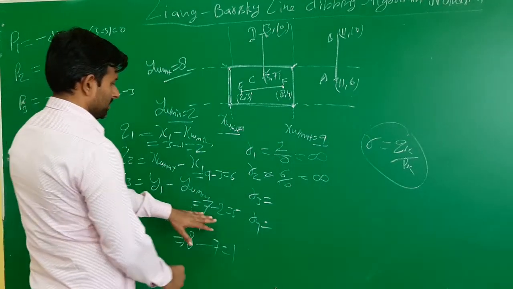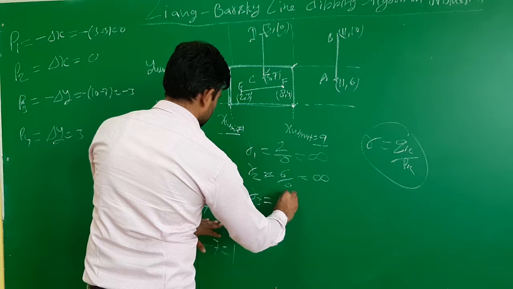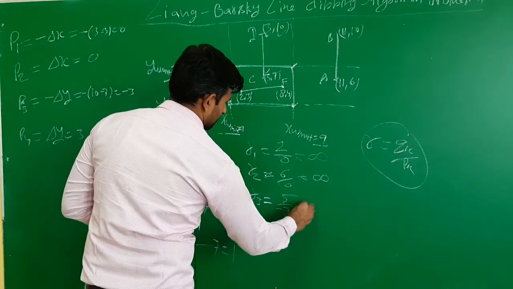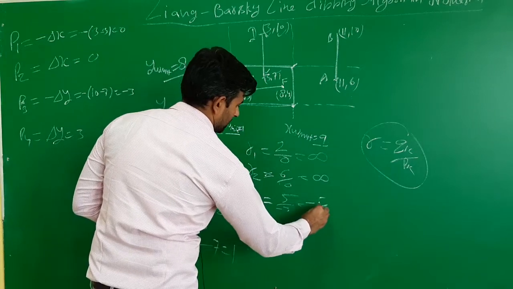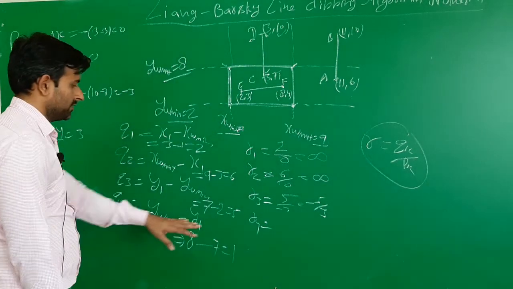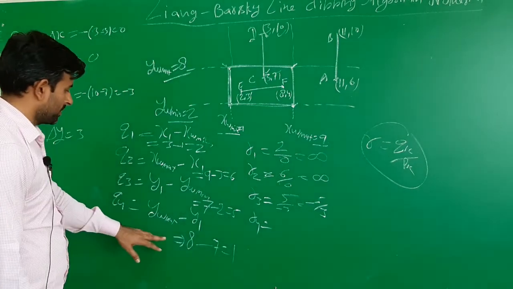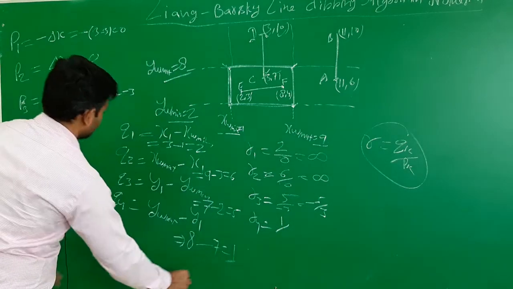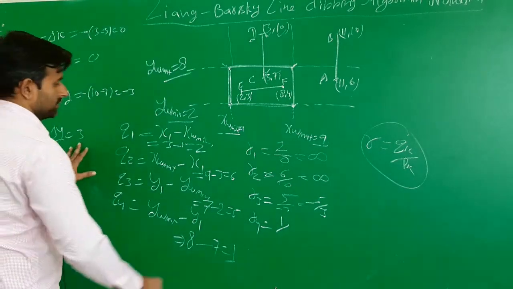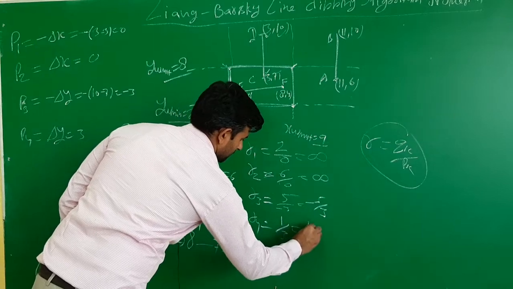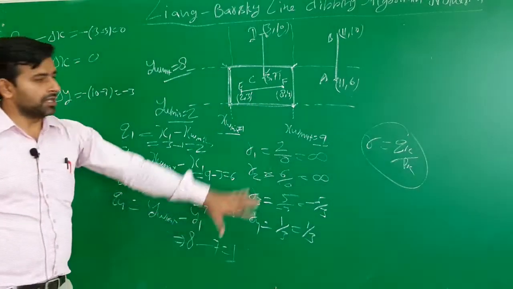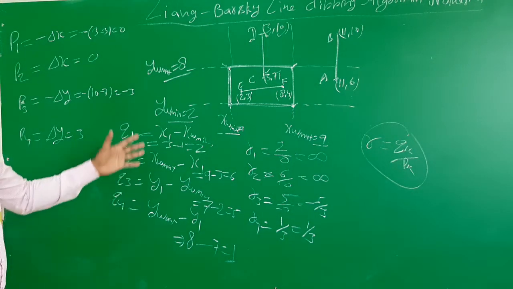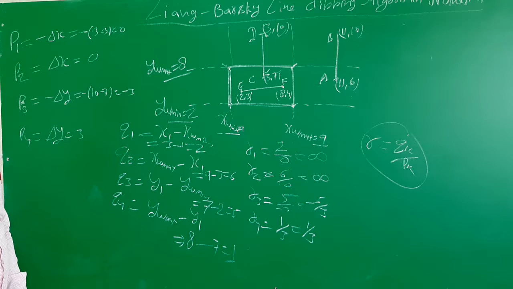R3 is 5 by minus 3, it means it's minus 5 by 3. Clear? For R4, Q4 equal to 1 and P4 equal to 3, then the value is 1 by 3. Now we have all the 4 values. Clear?